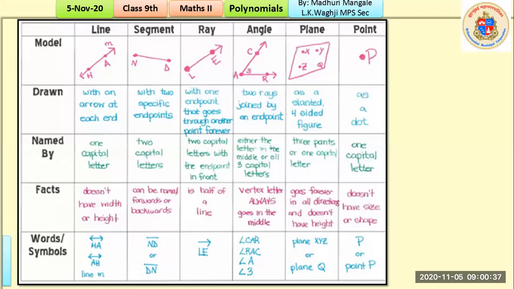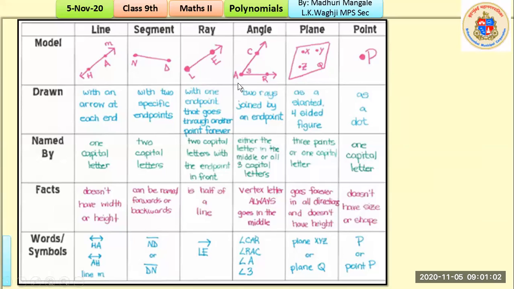How to symbolize them is very important. Here you can see the words and symbols. When we write a line, we can write it in two ways: either line m, or with two letters with the line symbol drawn over them. Same way for a segment, when we write the name of that segment, over it we draw a small segment symbol.